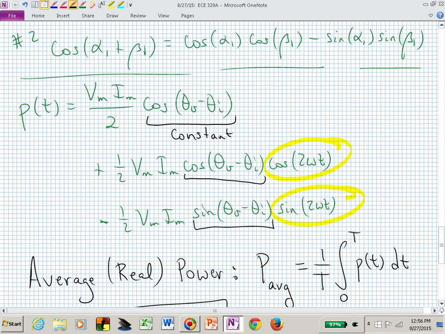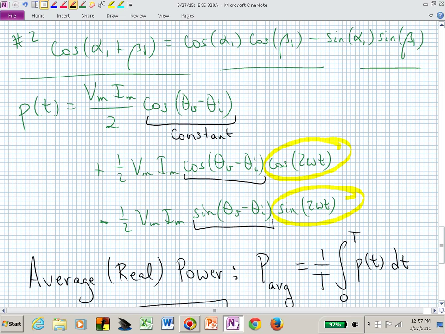What is that first term? If I said integrate 5 over a half of a second, let's say that was my period, what's the average of 5? 5, right? I just have the integral of 5 with respect to t. I'll get 5t, and I'm integrating from 0 to whatever T was, big T.